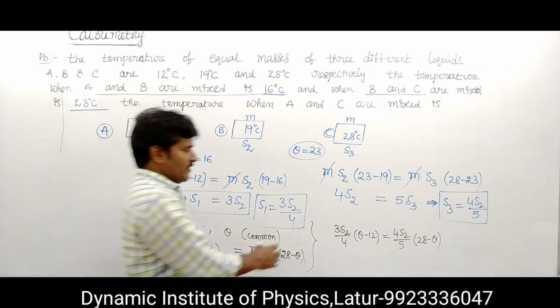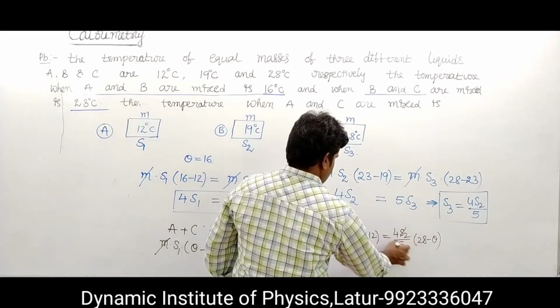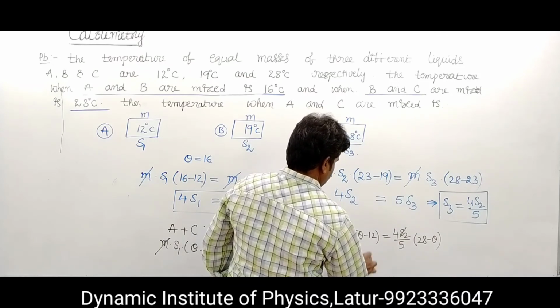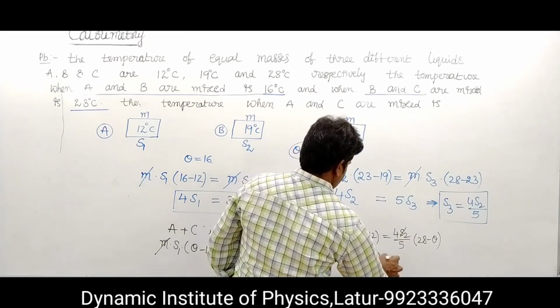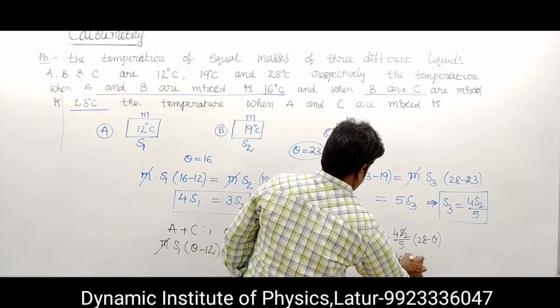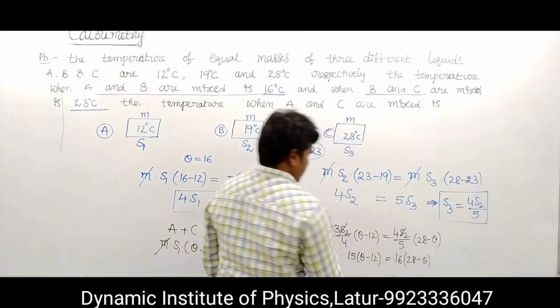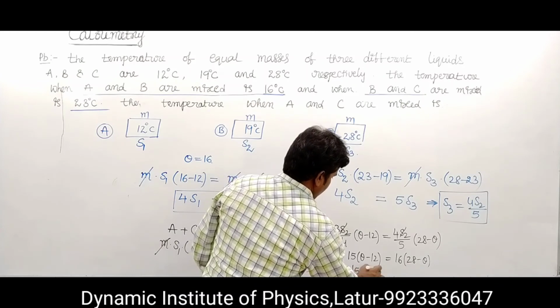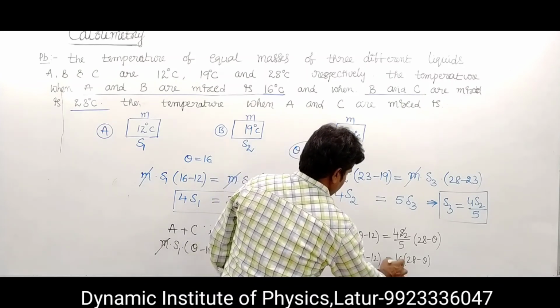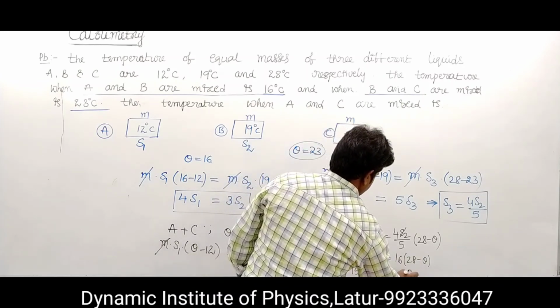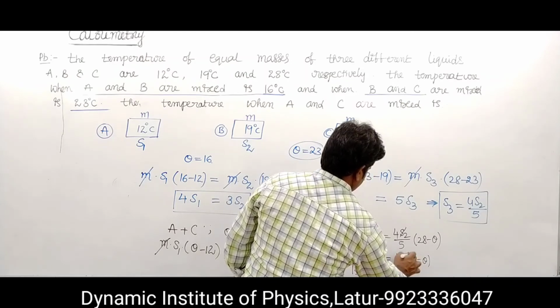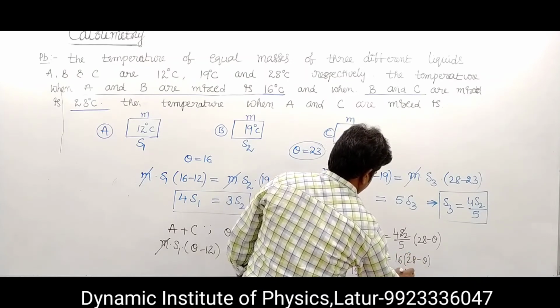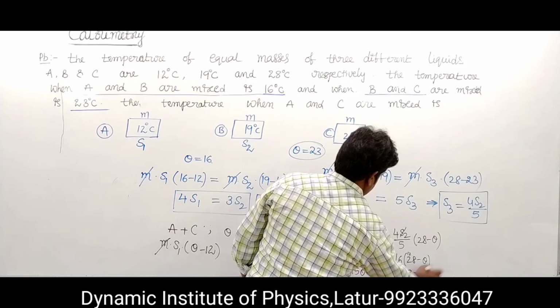After simplification, S2 is cancelled. This gives 15 into (theta minus 12) equals 16 into (28 minus theta). So 15 theta minus 180 equals 448 minus 16 theta.